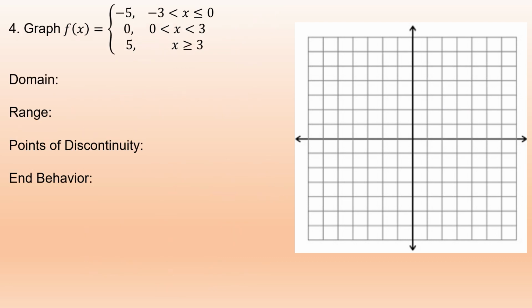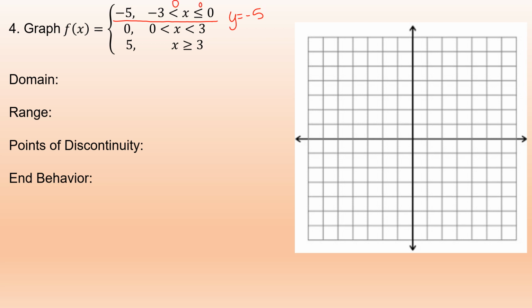All right, last one. F of x equals -5 between -3 and 0, 0 between 0 and 3, and +5 when x is greater than or equal to 3. All right, first one, y equals -5. Okay, that's between -3 and 0.